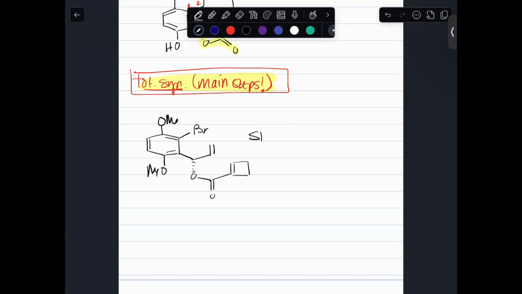The first major step, which I'll call step A, is the formation of the lactone, i.e. the cyclic ester. And this is all chemistry you've seen before.